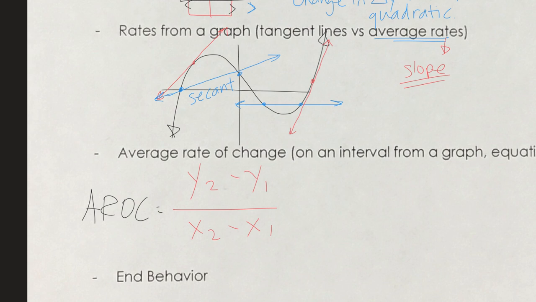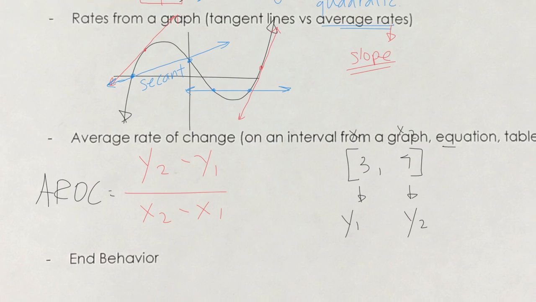So if they give you 2 x values, right? If they give you 3 and 7, that means the 3 is your first x value and the 7 is your second x value. So we need to use your equation in order to calculate the first y value, and we use your equation in order to calculate your second y value. Okay?